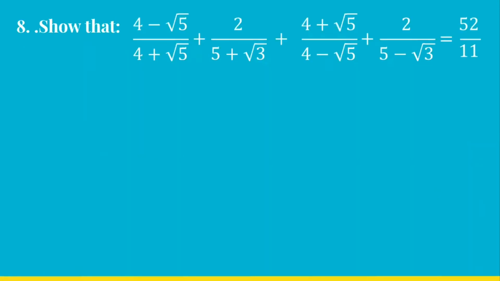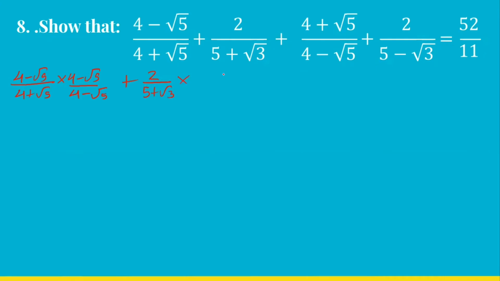Let's move on to question number 8. So we have here 4 minus root 5 upon 4 plus root 5. We have to prove this all LHS is equal to RHS. So here we will rationalize each part of this. So 4 minus root 5 upon 4 plus root 5, the rationalizing factor is 4 minus root 5 upon 4 minus root 5, plus 2 upon 5 plus root 3.